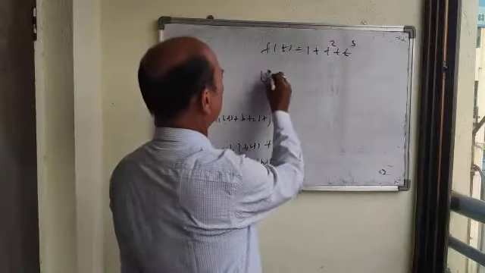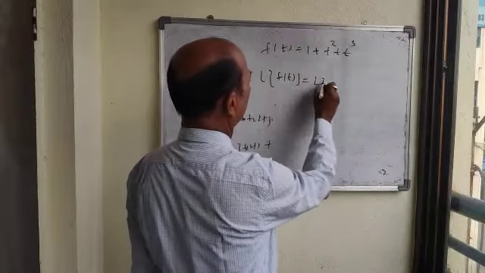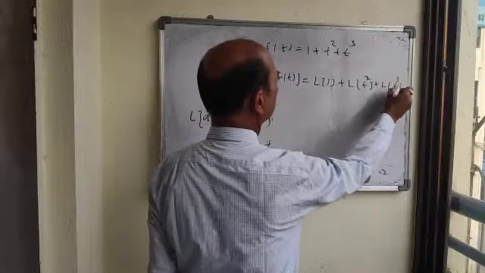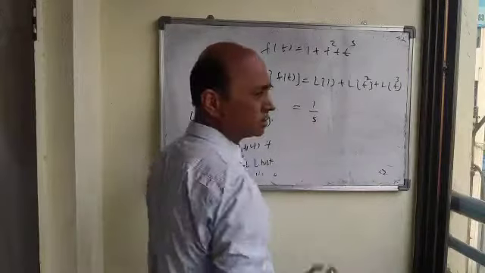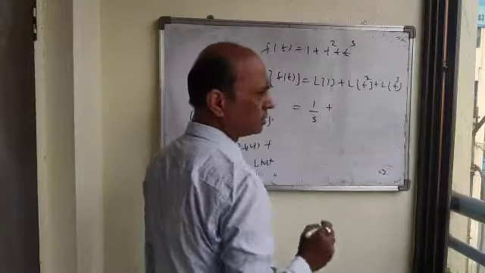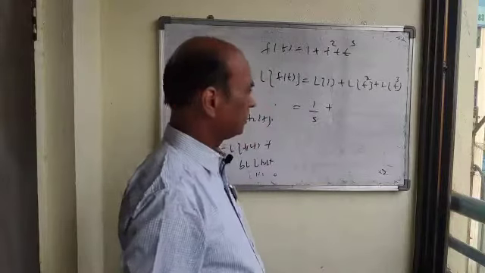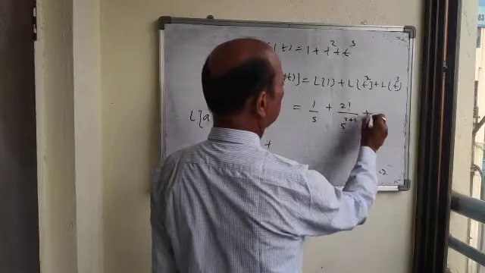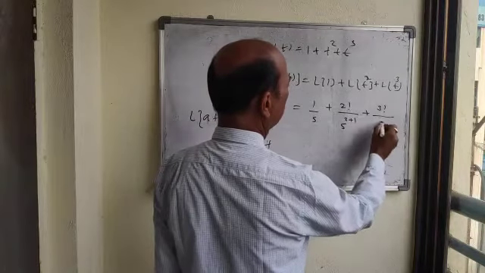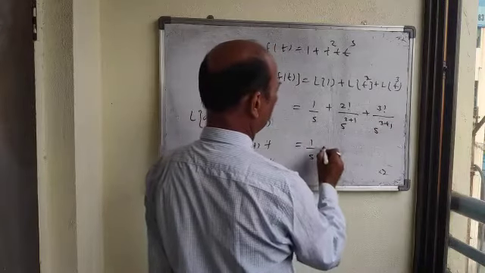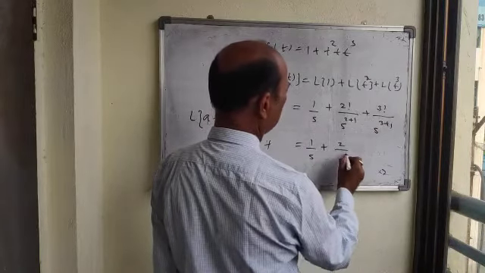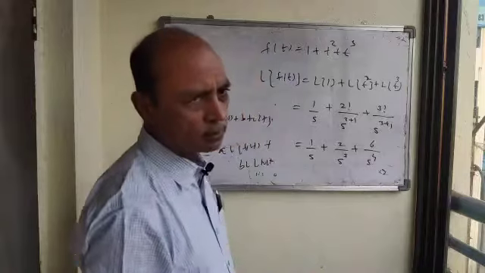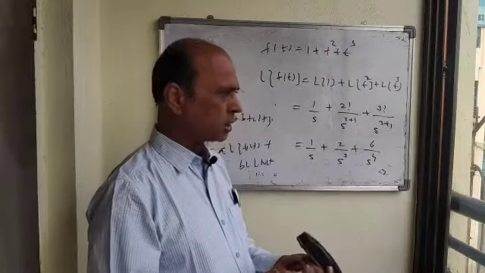So here L of f of t is equal to L of 1 plus L of t square plus L of t cube. Now L of 1, we know, is 1 upon s. For L of t square we use L of t to the power n, that is factorial 2 upon s to the power 2 plus 1, plus factorial 3 upon s to the power 3 plus 1. So that is equal to 1 by s plus 2 upon s cube plus, factorial 3 means 6, 6 upon s to the power 4. In this way we have calculated the Laplace transform of this function.